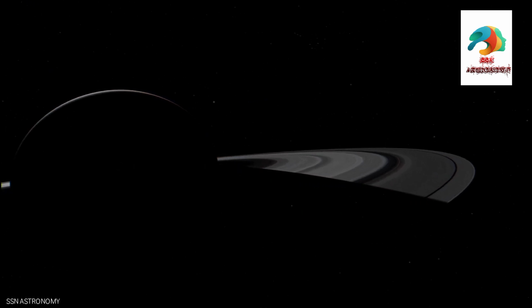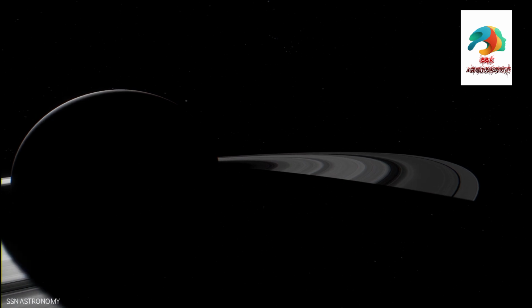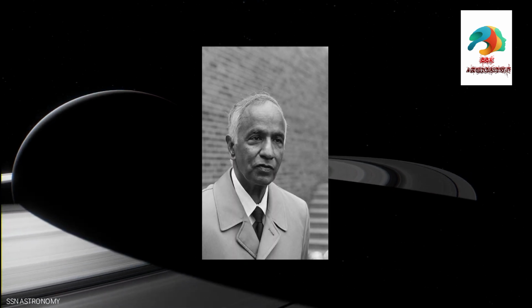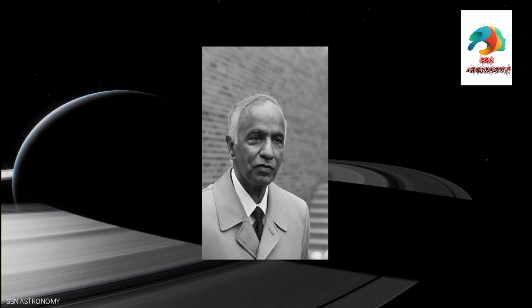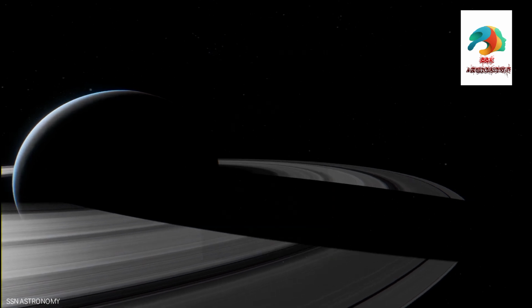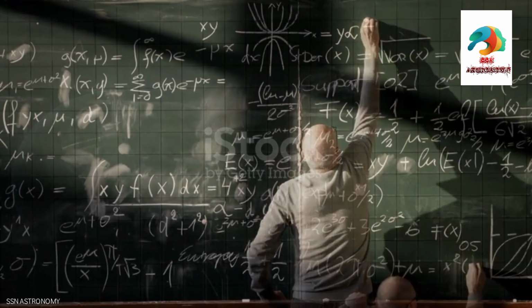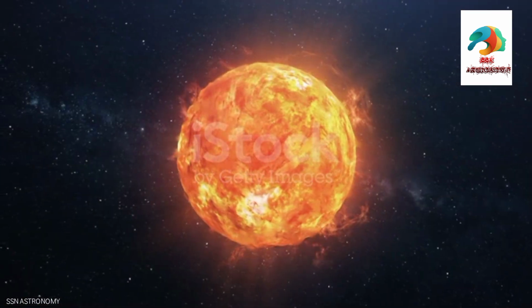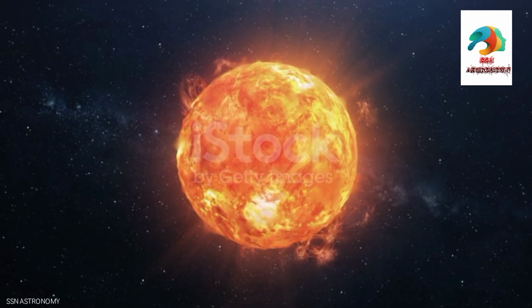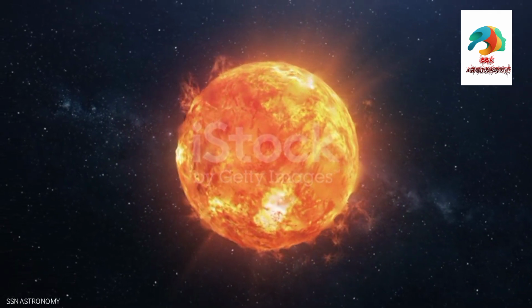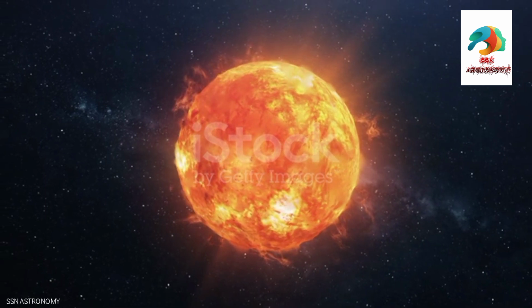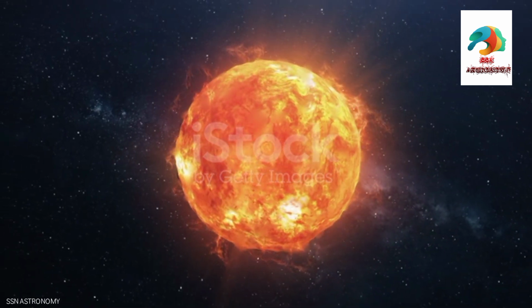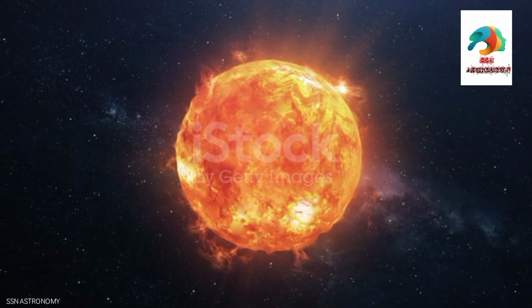Basically, Indian-born astrophysicist Subrahmanyan Chandrasekhar discovered the Chandrasekhar limit in 1930. He calculated that a cold star of more than about 1.5 times the mass of the Sun would not be able to support itself against its own gravity. This mass is now known as the Chandrasekhar limit.